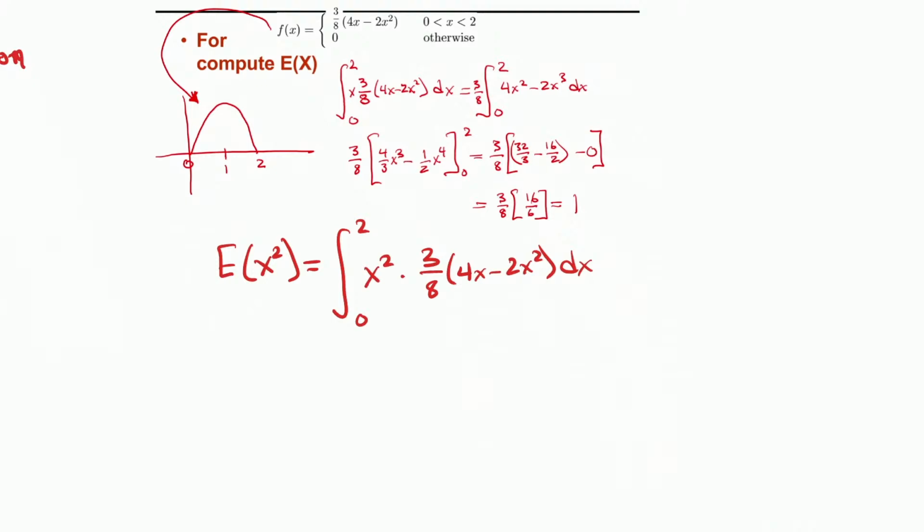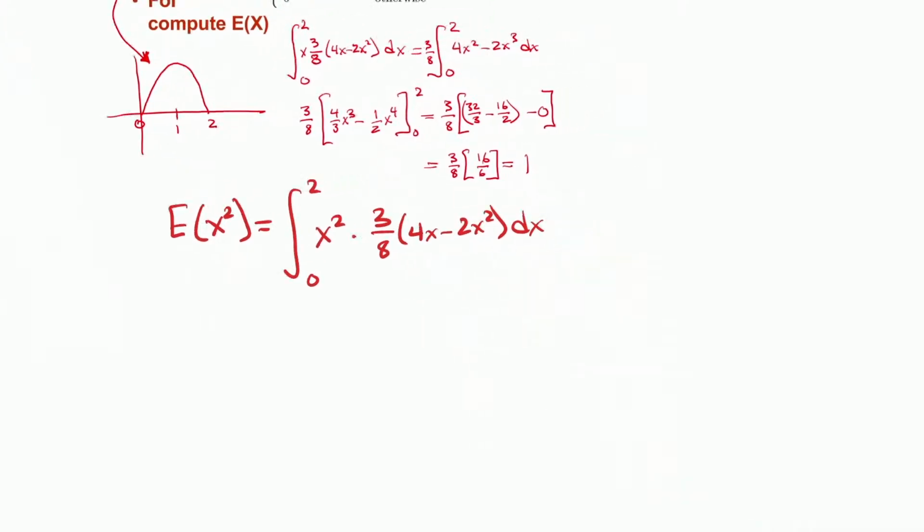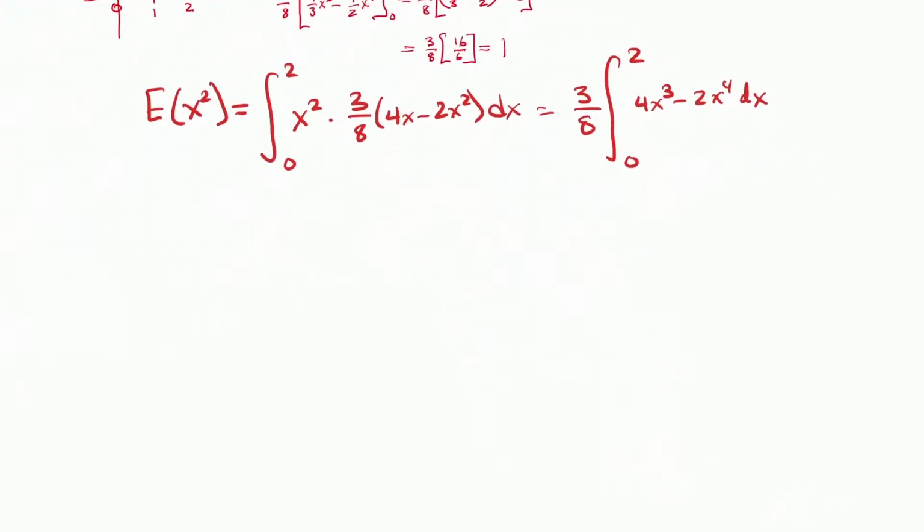So this expected value is pretty easy. Let me go ahead and pull the 3/8 out. And then we will do 4x cubed minus 2x to the fourth. So this time we're not going to have any thirds, but we'll have some fifths. Okay, so this is going to be x to the fourth minus 2x to the fifth over 5.